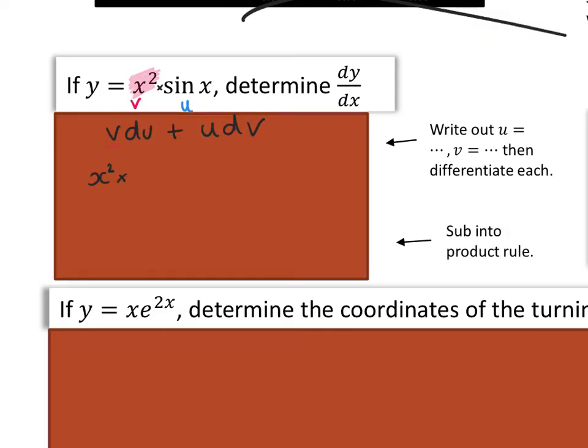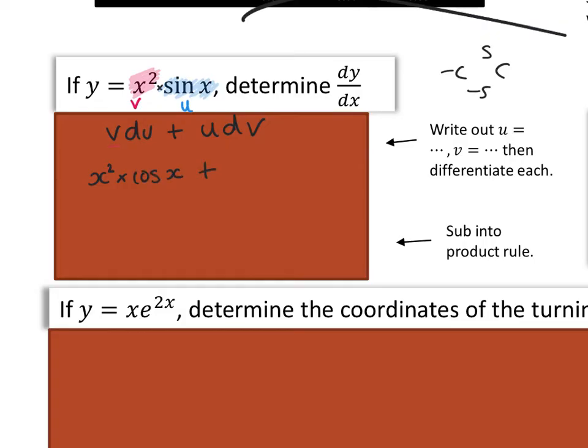Okay, this is multiplied by du, which means the differential of u. What's sine x differentiated to? Cos x. Again, if you don't know that, write this down. You'll learn to know it soon. Sine differentiated. So this is multiplied by the differential, cos x, okay?